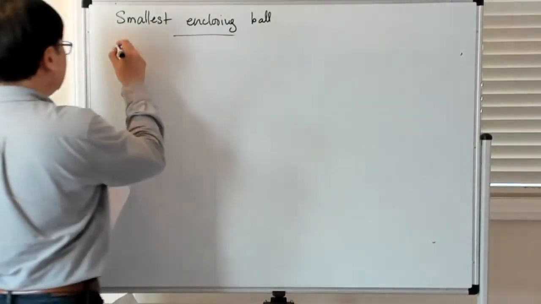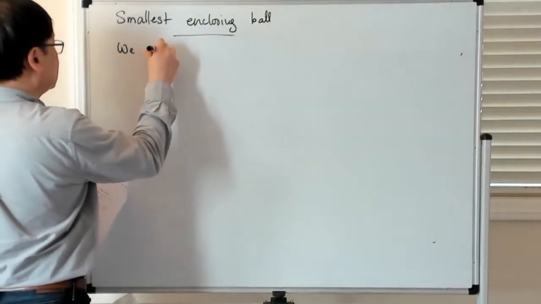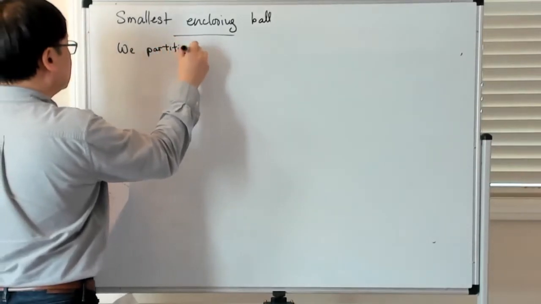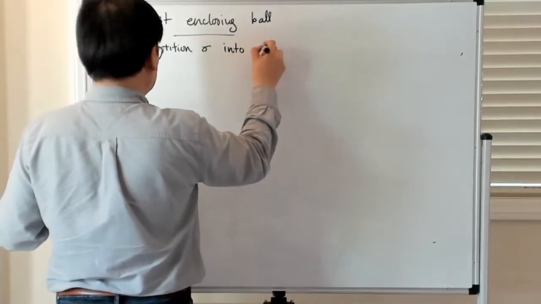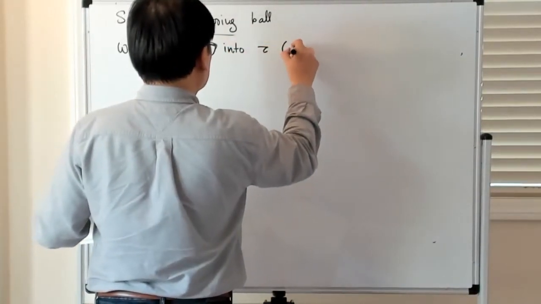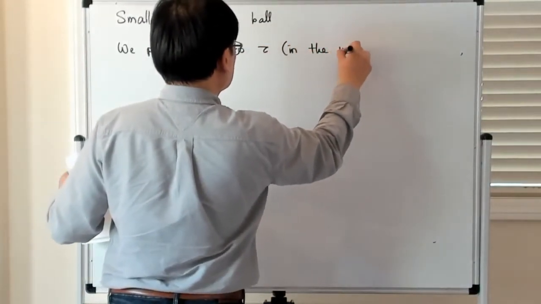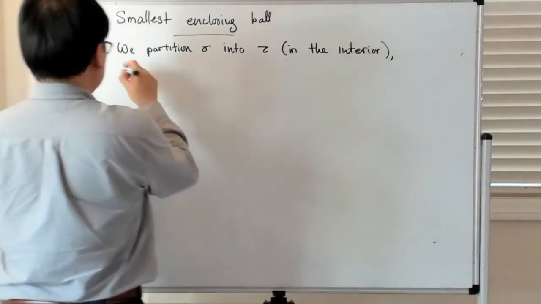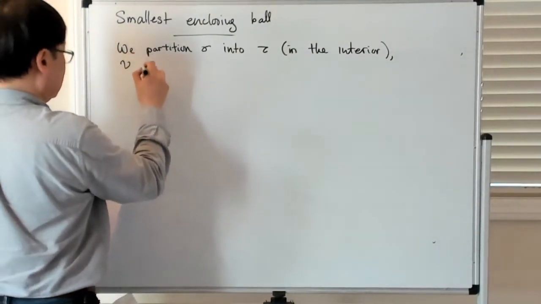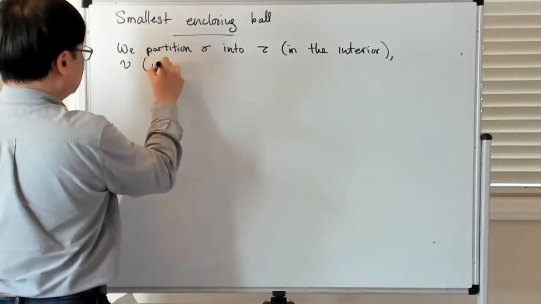Okay, so we partition sigma into tau, which is in the interior, and nu, on the boundary.